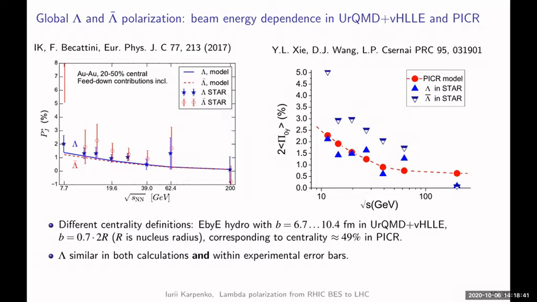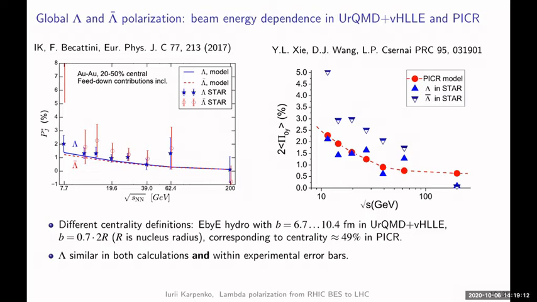In the hydrodynamic model, because of baryon chemical potential, the lambda and lambda bar are produced at somewhat different space-time points. The production is enhanced in certain regions with positive chemical potential and suppressed with negative chemical potential for lambda with respect to anti-lambda. And that creates a slight splitting on the left.